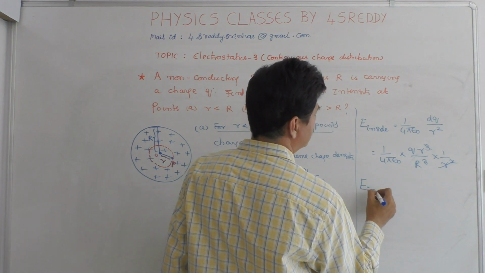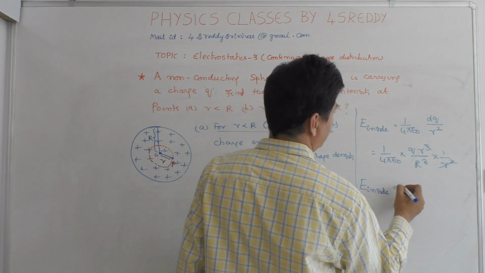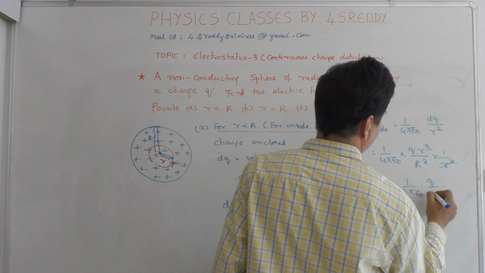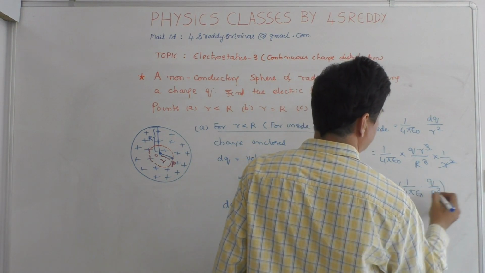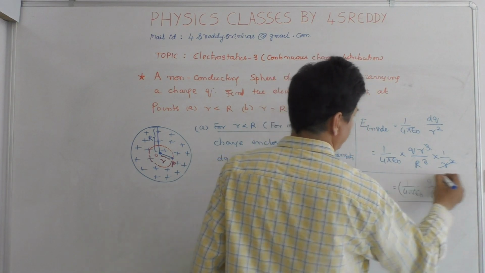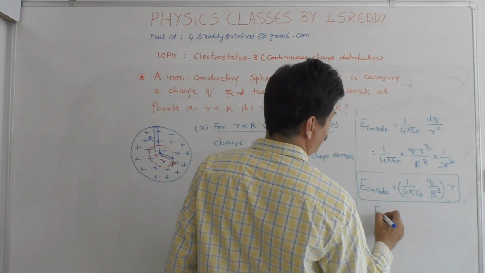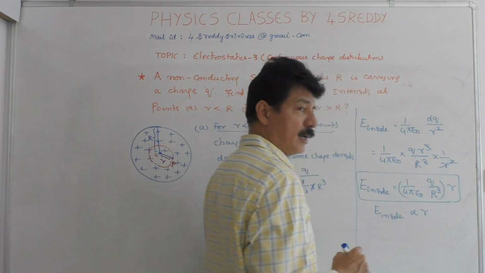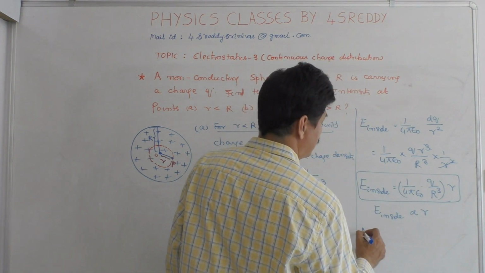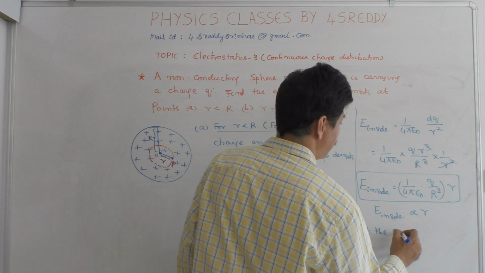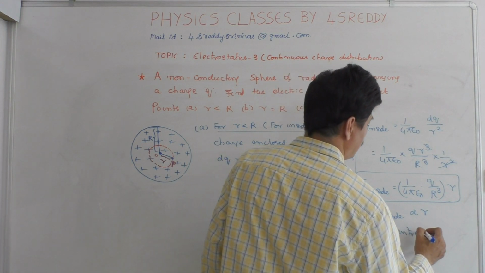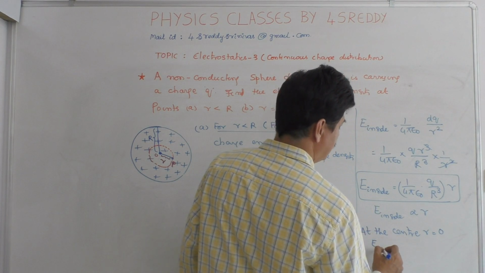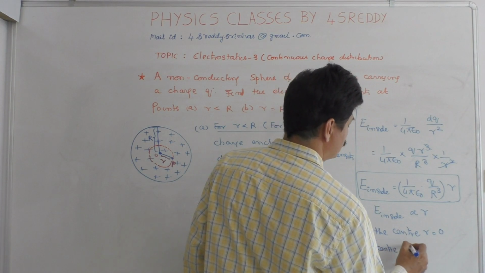So E inside is 1 by 4 pi epsilon naught q by capital R cube into small r, which implies E inside is proportional to r. At the center, small r is equal to 0, therefore E at the center becomes 0.